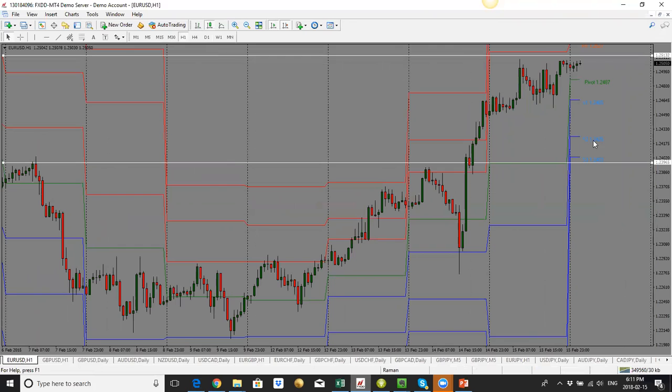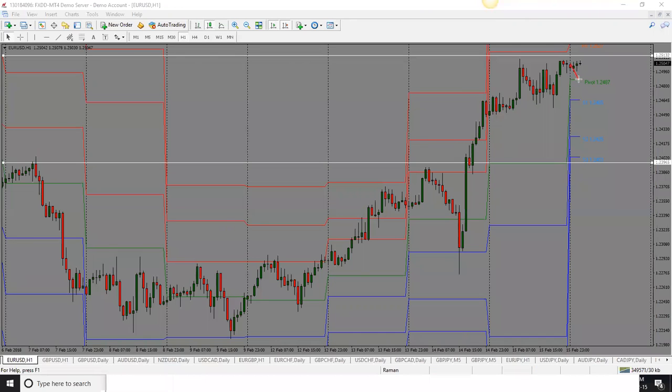And from a one hour perspective, this is where we are. We could see price come down into either the pivot point here and then go higher, or even into this S1 level at 1.2465 and then go higher from there.